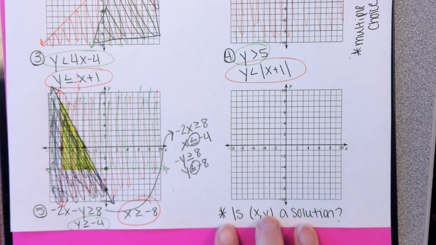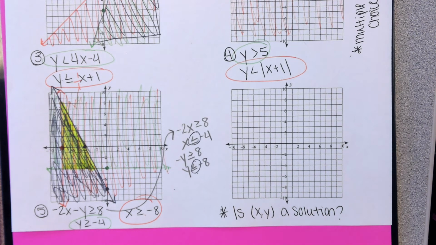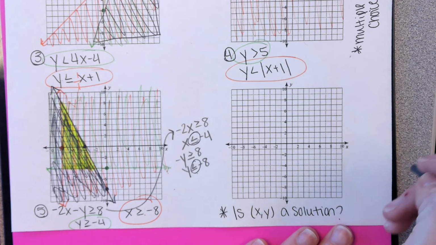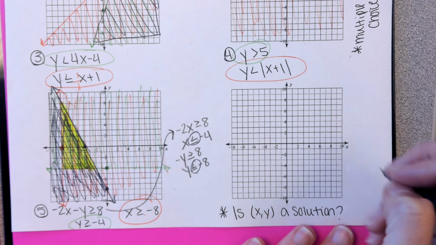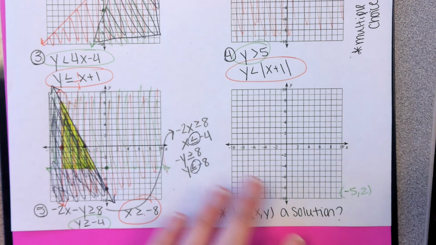Okay. Then the last type of problem in this section is, is a point a solution? So you're going to be given a coordinate point and you have to decide if it's a solution or not in the graphs. So if I was to say, is -5, 2 a solution?